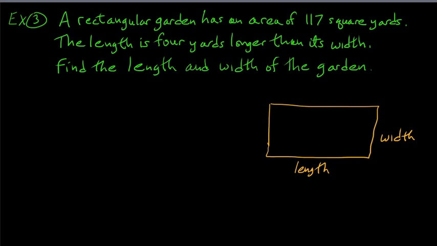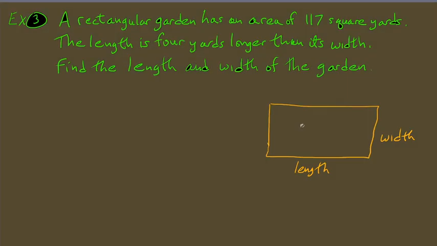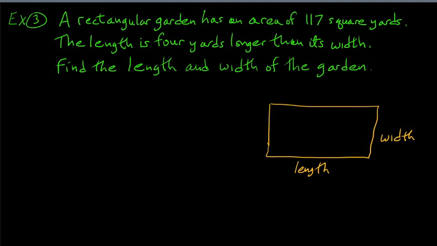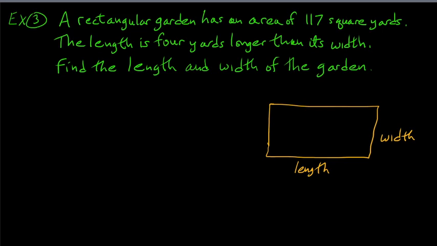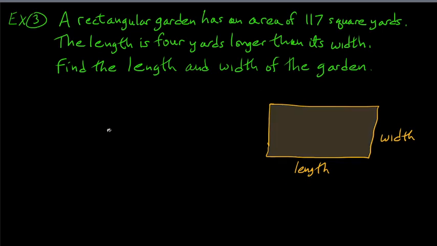So highlight that. Oops. Sorry about that. I didn't close off my rectangle here. There we go. I hope that does it. Slightly darker color here. There we go. So the area inside the garden here is 117 square yards, if I can abbreviate, square yards.